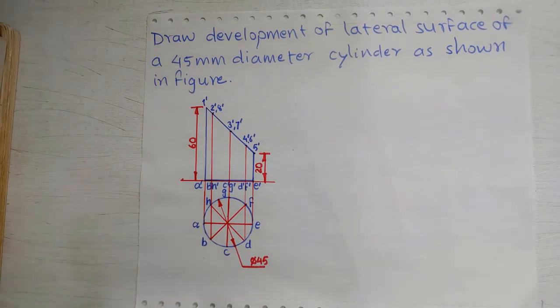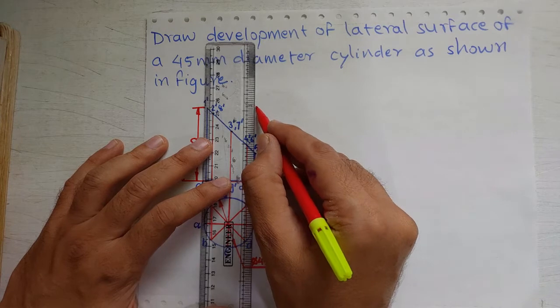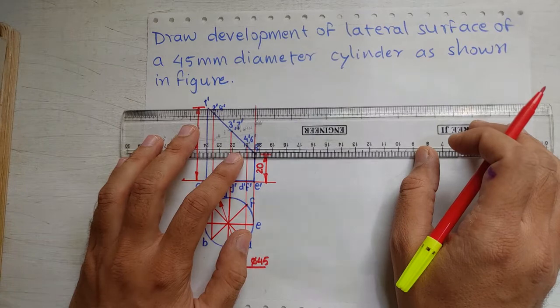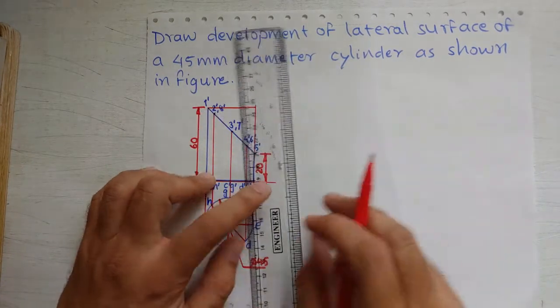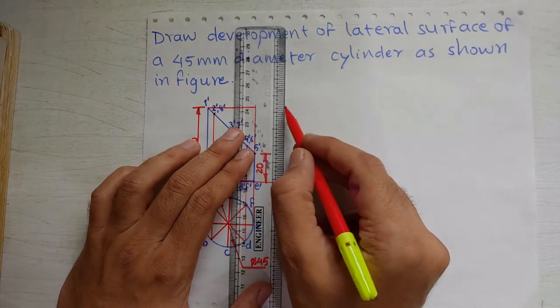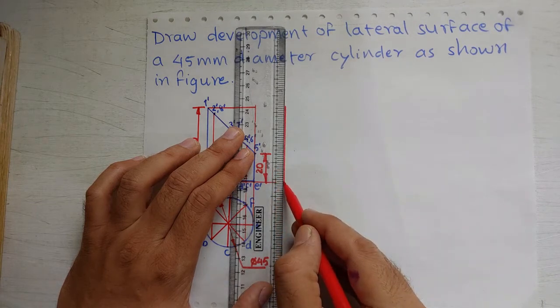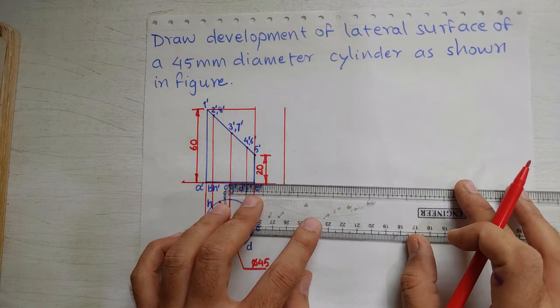Initially, we will first draw the development of the cylinder without considering the section. So we are assuming that the given cylinder is a full cylinder without any section. This is the given cylinder, let's say, and we'll draw its development, which we already know, and that is nothing but a rectangle. Besides the front view, I will draw the development of the cylinder.